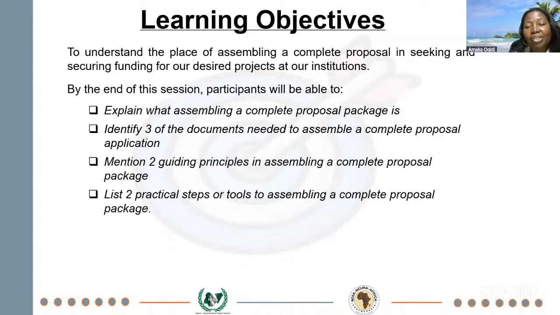By the end of this session, participants will be able to explain what it means to assemble a complete grant proposal package, identify some of the documents that are always needed in a proposal package, and mention at least two guiding principles that will help us make sure that what we have put together is complete. And of course, we have some practical steps we need to take in our efforts to do that.